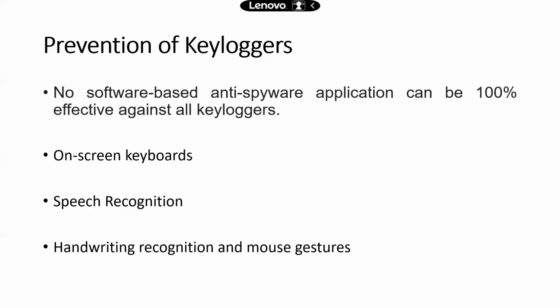If you suspect any keylogger, then use an on-screen keyboard, because it takes the keystrokes not on the touches. The other options are speech recognition and handwriting recognition. We now have scratch pads on our computers that just detect our handwriting and mouse gestures.